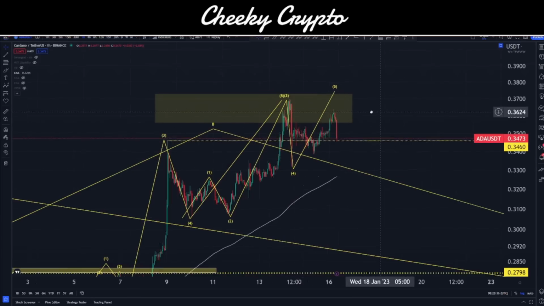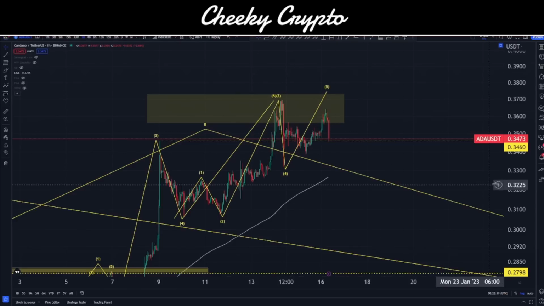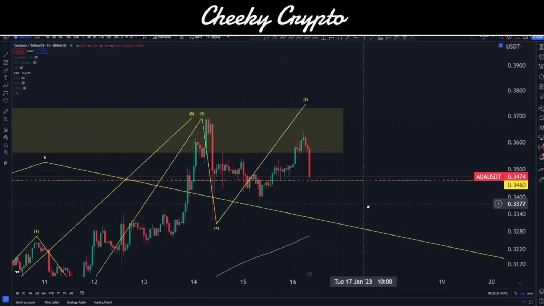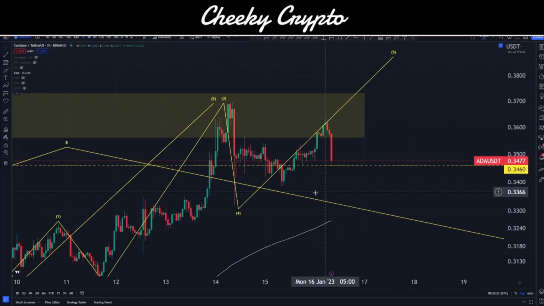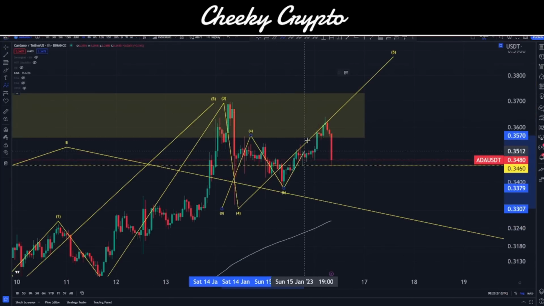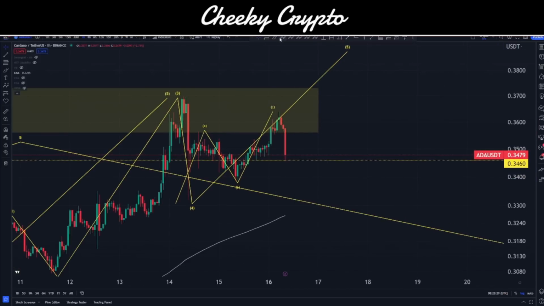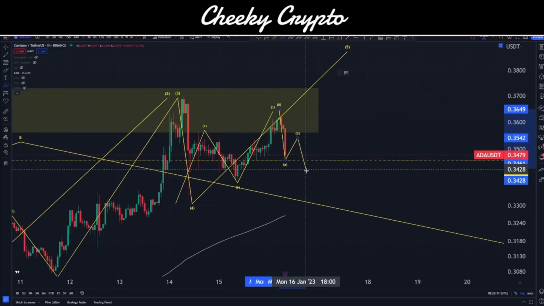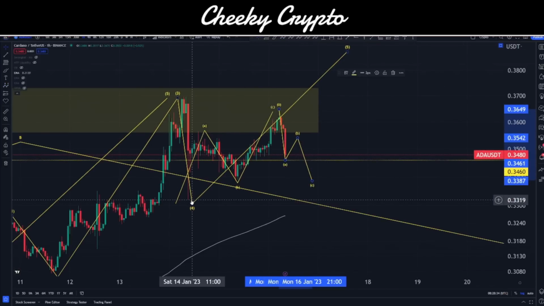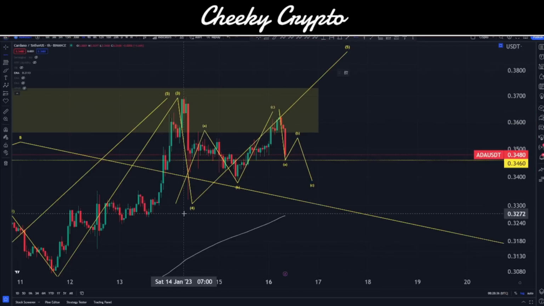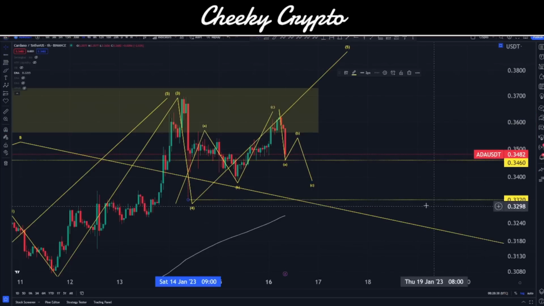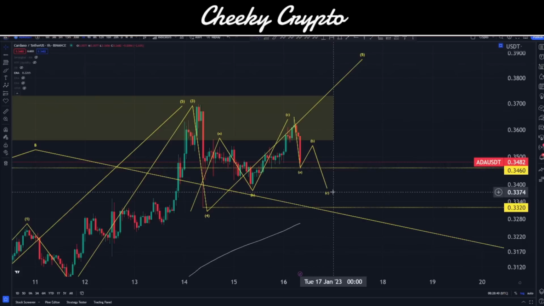Now, in order for this scenario to be valid, we have to consider this fifth wave an ending diagonal structure, and it would be made up of 3 waves, so we'd have this A, B, C structure here. We'd have to come on down in an A, B, and C structure, but not cross lower than our lows, which if I mark up just here, would be 33.2, so we wouldn't be allowed to go down lower than that.